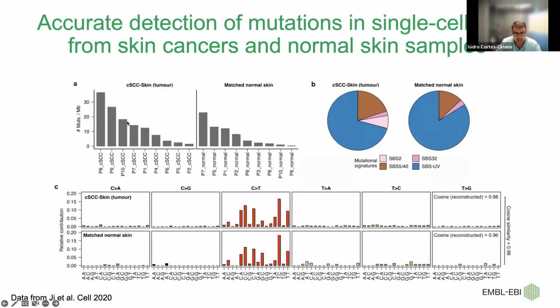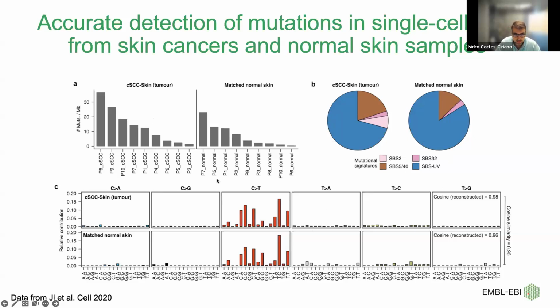These numbers are consistent with studies where sequencing of normal skin and tumors has been performed. We can also see that the contribution of the mutational signature associated with UV light, which is the cause of most mutations detected in the skin, both normal and tumor, is quite prevalent, which means that we can identify the mutational process underlying the mutations that we detect.